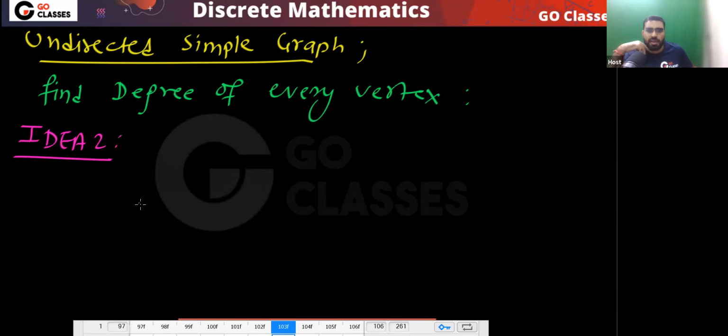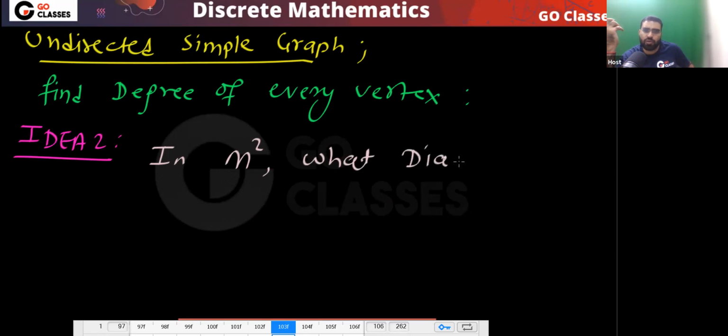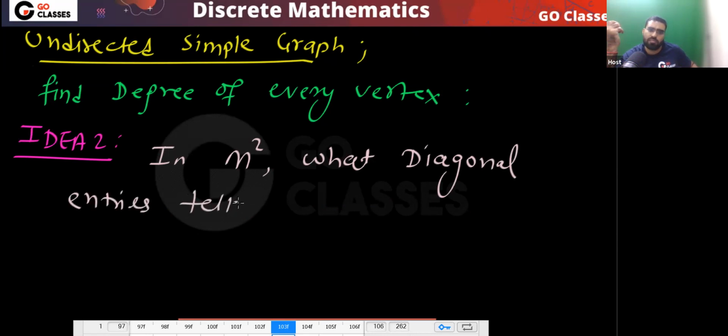You tell me, if you do M square, what are the diagonal entries? A simple question I am asking: in M square, what do the main diagonal entries tell you?